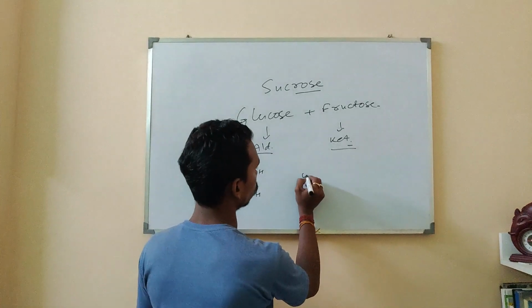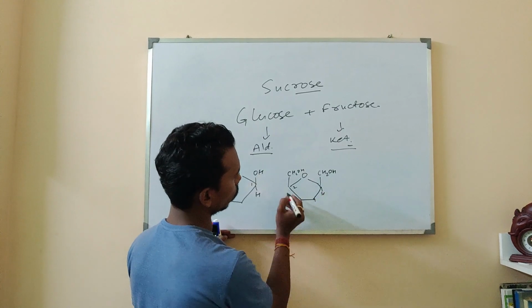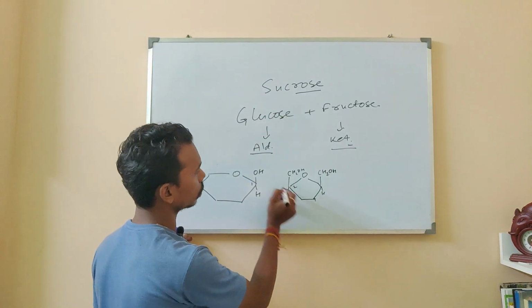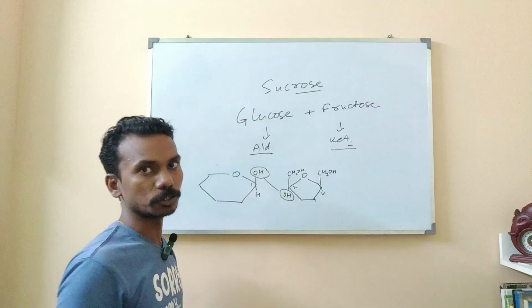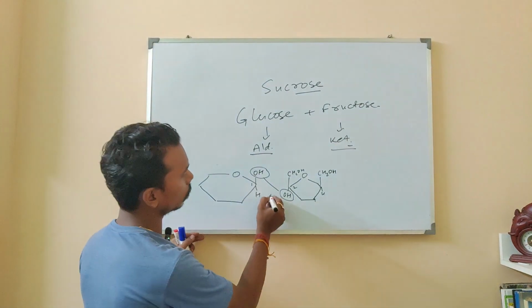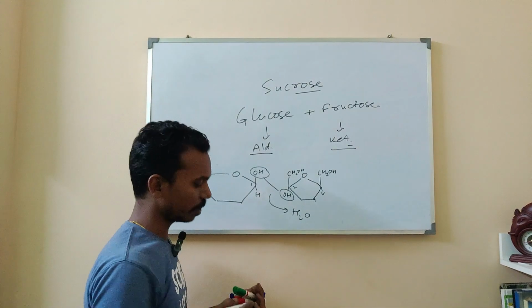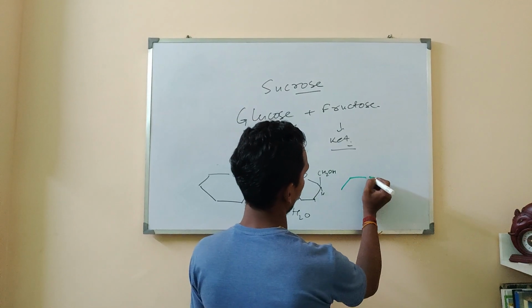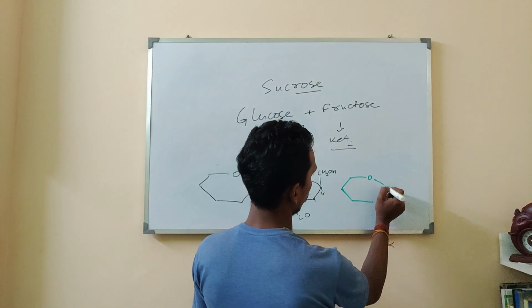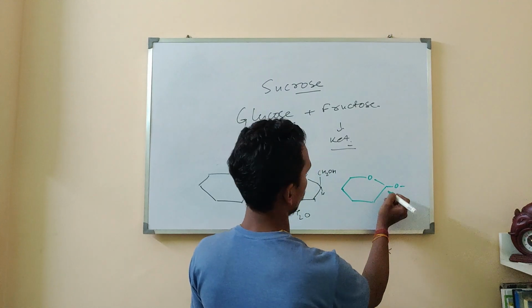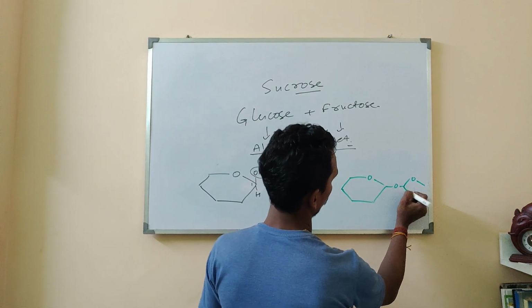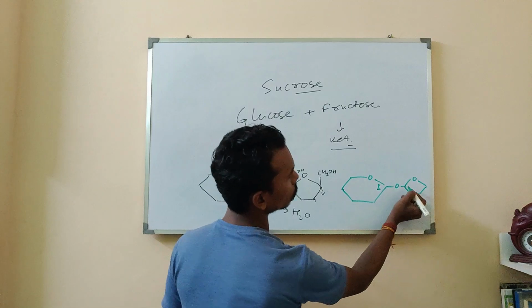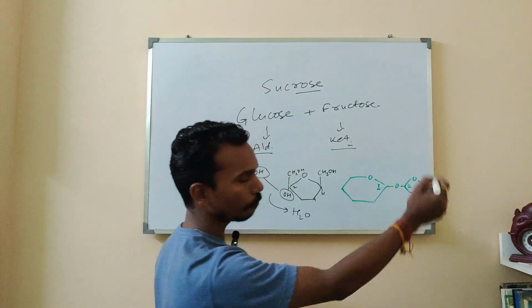If you draw the structure of fructose, it looks like this, and the OH is present here on carbon number 2, and this OH and this OH are going to combine together, or fuse together, to remove one water molecule, and whatever is left here is this one, carbon number 1 of glucose and carbon number 2 of fructose.